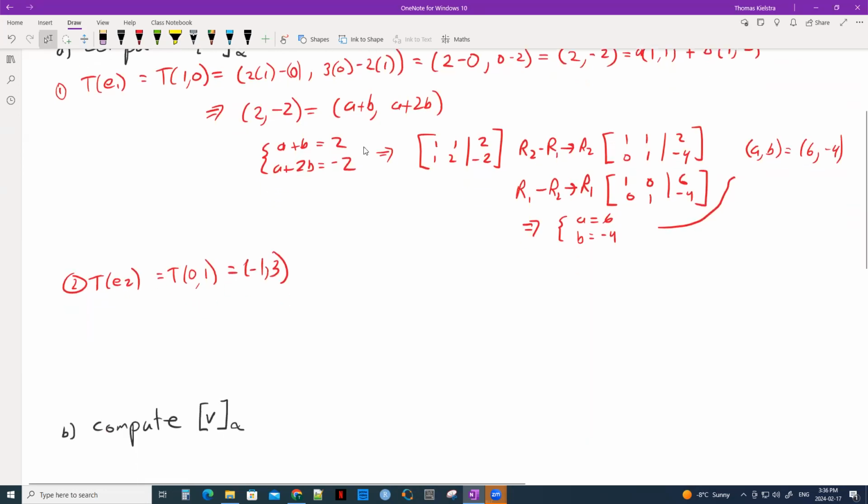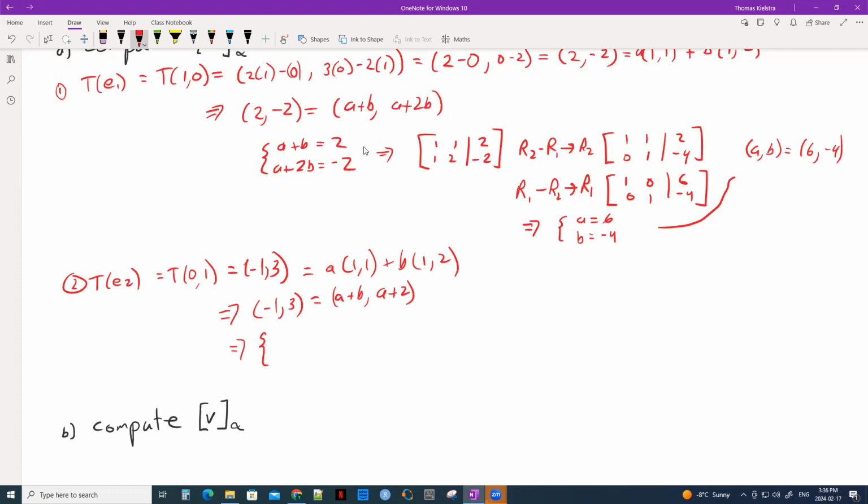Now what we've got to do is determine what (-1, 3) equals in terms of A(1, 1) plus B(1, 2). Well, this is equivalent to (-1, 3) equaling (A plus B, A plus 2B), which implies that we satisfy the system of equations A plus B equals -1, and A plus 2B equals 3. Okay.